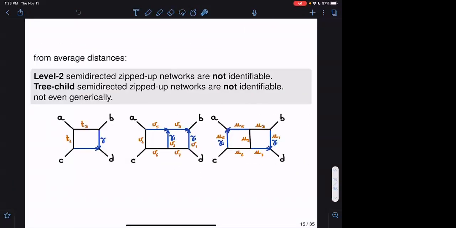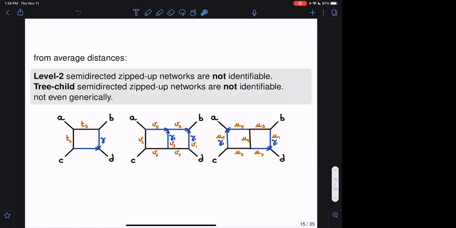Okay, so another application of our swap result is that level 2 networks are not identifiable, and tree-child networks are not identifiable either. We just need to provide one counterexample, but that would be one where we can swap this subgraph by either this one or that one.